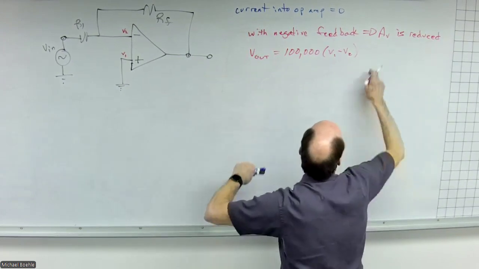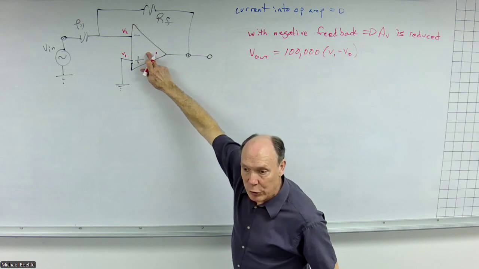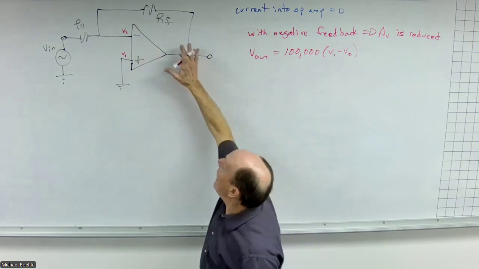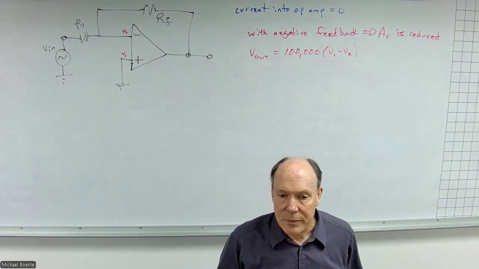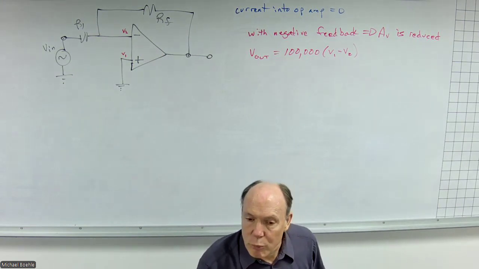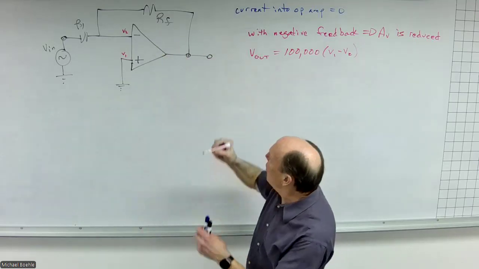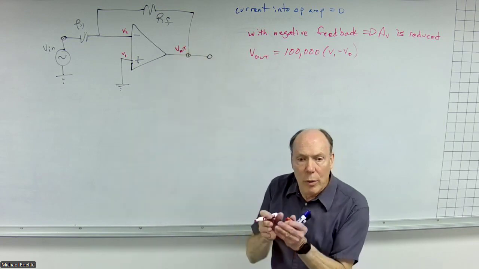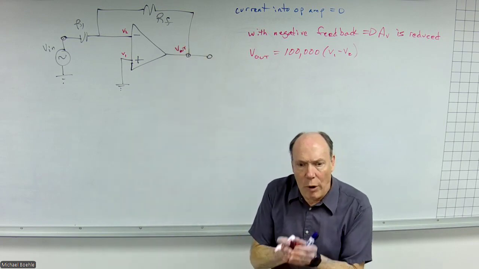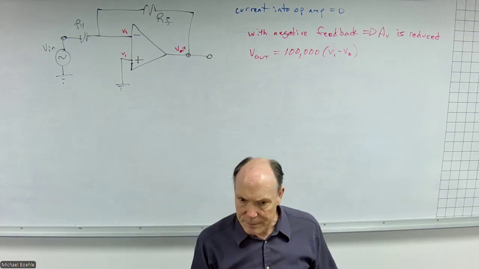Now, the voltage gain of the op amp is not reduced. It is the voltage gain of the circuit that is reduced. And by reducing that voltage gain, I can be assured that my output voltage will be somewhat limited, or I will control it. I will have a maximum, however you want to look at it.